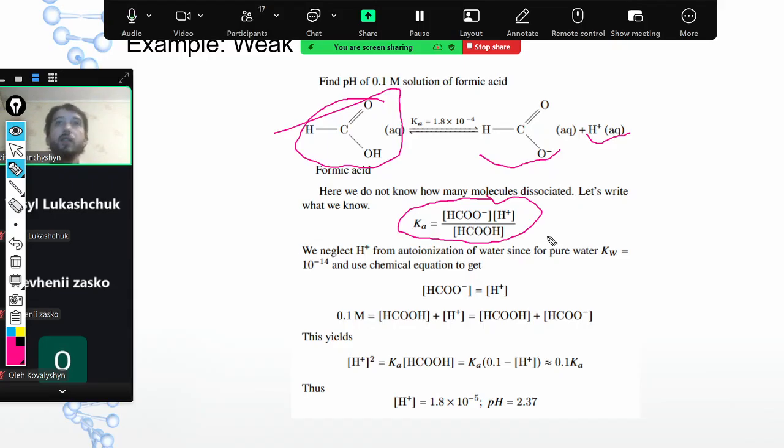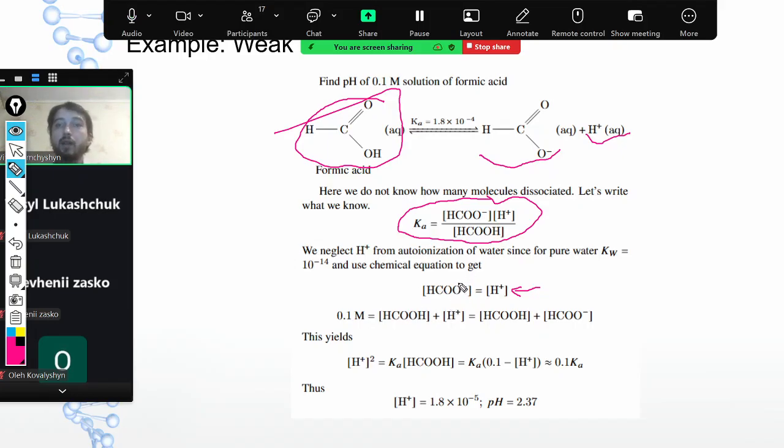That's pretty reasonable because we have a lot of this acid, 0.1 moles, and despite it's weak, it will still give off a lot of protons. So what now? If we neglect that, we suppose that the number of H plus is equal to the number of these anions that we are left with. So here we have it.